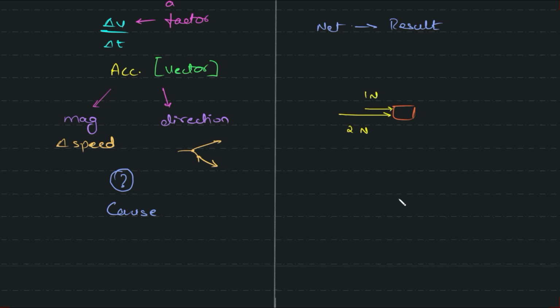So in place of 1 and 2 Newton, can I tell the object is experiencing a force of 3 Newton? Right? As a whole, we can tell the object is experiencing 3 Newton of force. This is your example of net force. This is an example. This is the original case.